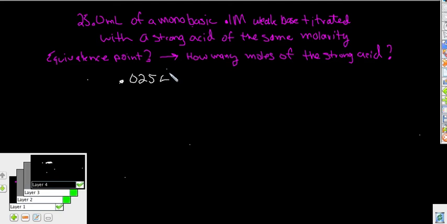No longer milliliters. 0.025 liters times the molarity it has, which is 0.1 molar, is going to equal 0.0025 moles. So we have exactly 0.0025 moles of this weak base, and that's the exact amount of moles of the acid it's going to take to get to the equivalence point.